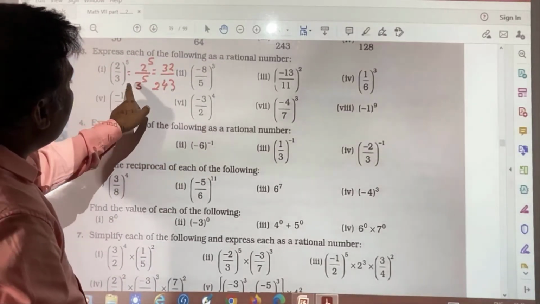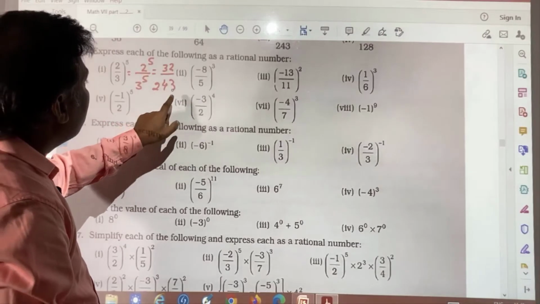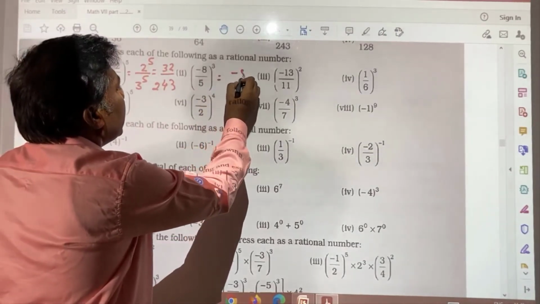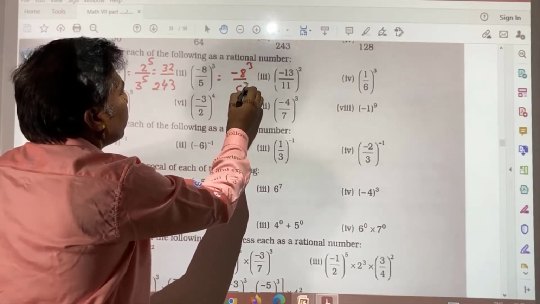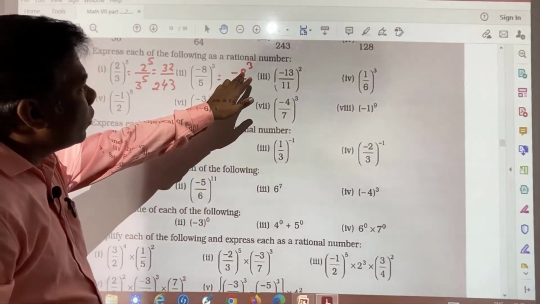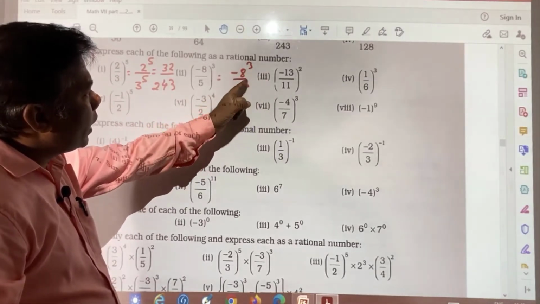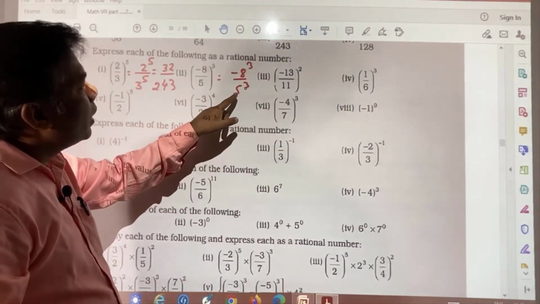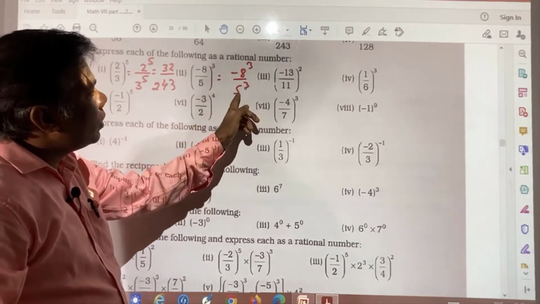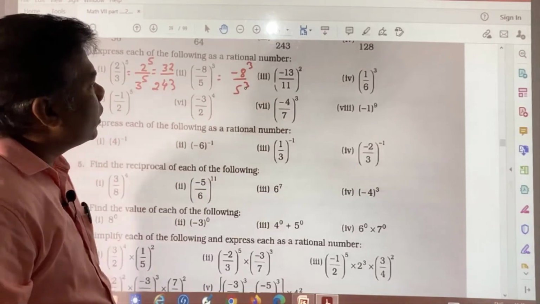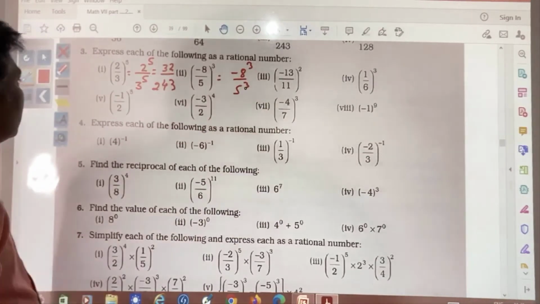Multiply 3 five times and you will get 243. In the same way, here you see minus 8 cube divided by 5 cube. So multiply 8 itself 3 times and see what comes, then multiply 5 3 times and see what comes, and that will be your answer. So in this way this is required to be done.